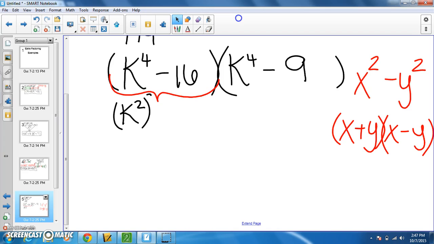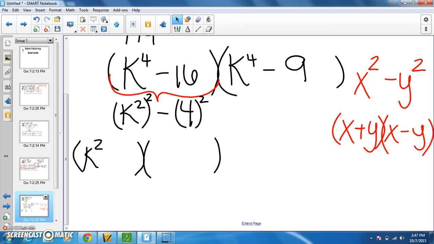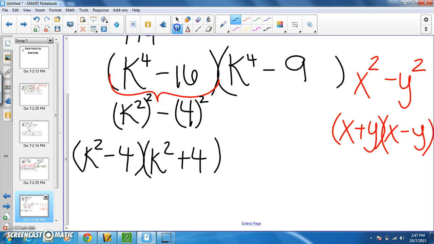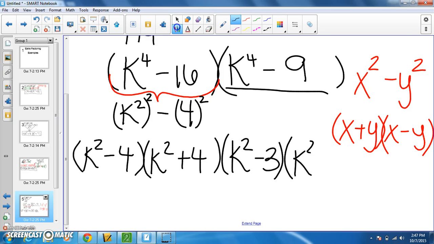So here, k squared is what is being squared, minus 4 squared is what's being squared. So if I rewrite that, I have k squared minus 4 times k squared plus 4. I need to do the same thing for k squared minus 9. I'm going to get k squared minus 3 times k squared plus 3.